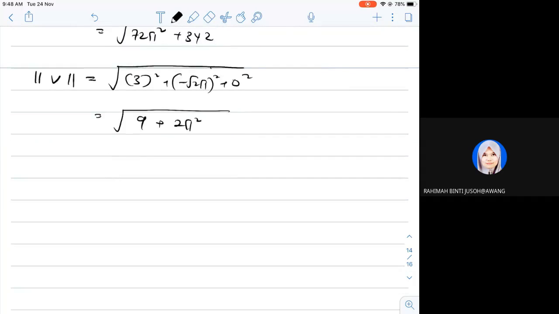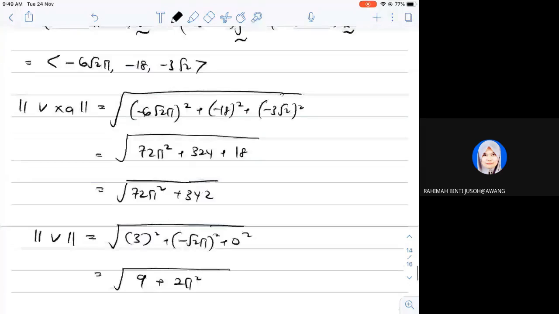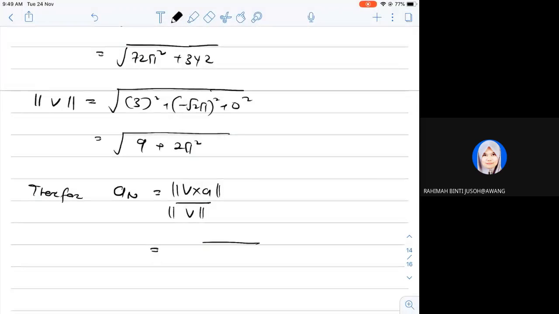Therefore, the normal component equals V cross A divided by speed, which equals the square root of 72 pi squared plus 342 over the square root of 9 plus 2 pi squared.